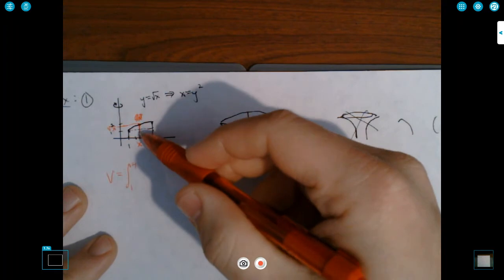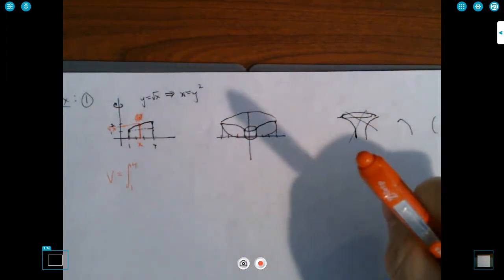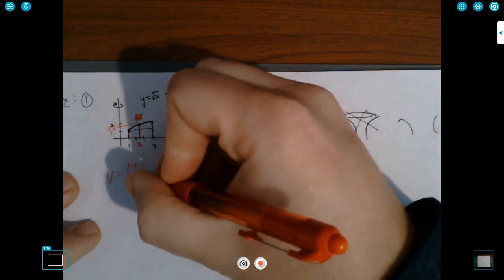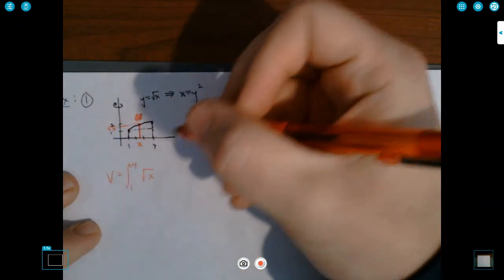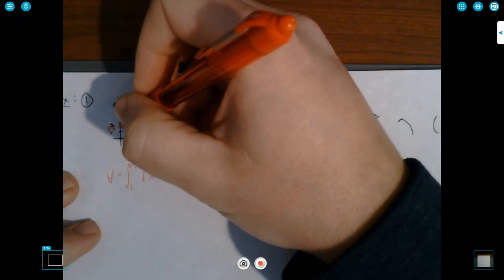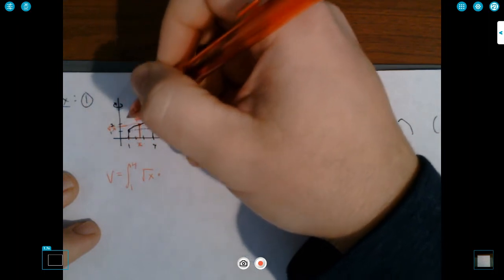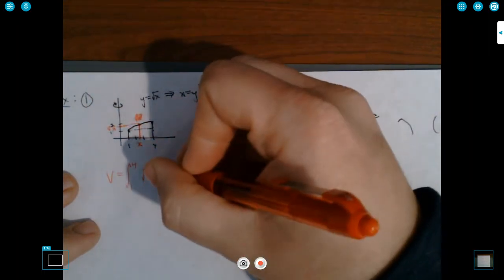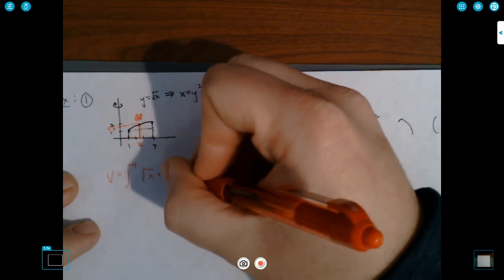The area of this cylindrical shell, if you unfurl it, would be the height, which we said is square root of x, times the base, which would be the circumference of this circle, which is 2 pi times the radius, and the radius is x, so it's 2 pi times x. Okay, and that'll do the trick.